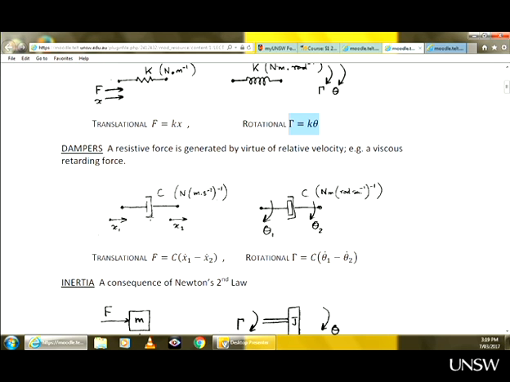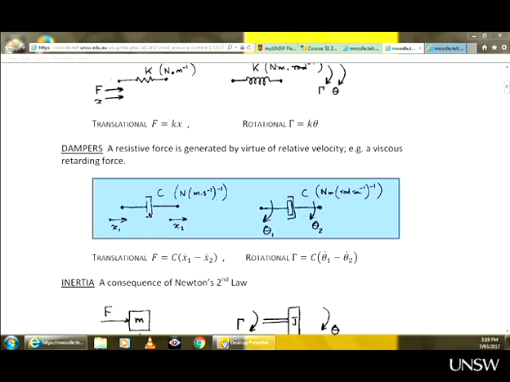This viscous damper reduces the velocity of the spring, or actually generates resistance, which is proportional to the velocity, the relative velocity between the piston and the cylinder. So actually this device is sometimes also called a leaky piston. So you have a piston with a hole in it, so it can move through the cylinder.